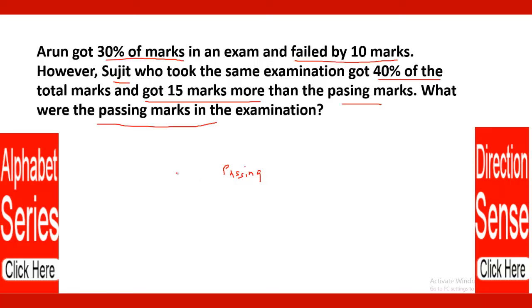But Arun, who got 30% marks, got 10 marks less than the passing marks. On the other hand, Sujit, who got 40% marks, got 15 marks more than the passing marks.